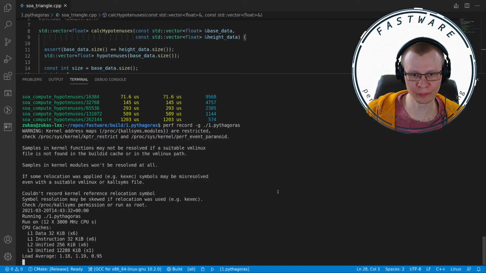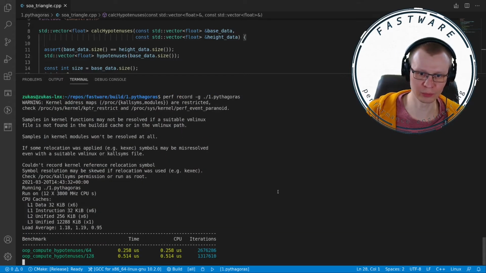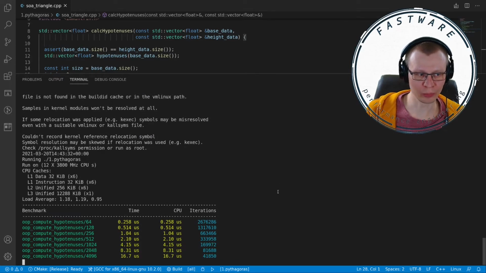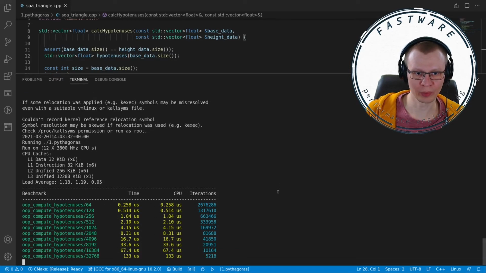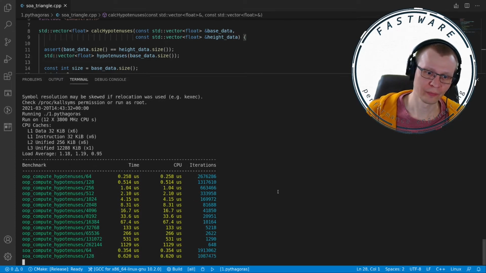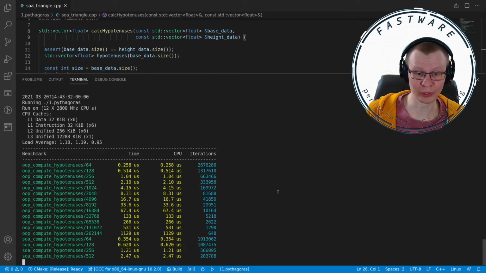So perf record, the Pythagorean theorem. Let's run this benchmark, compute some data, all fantastic. It takes a while, as usual it does.